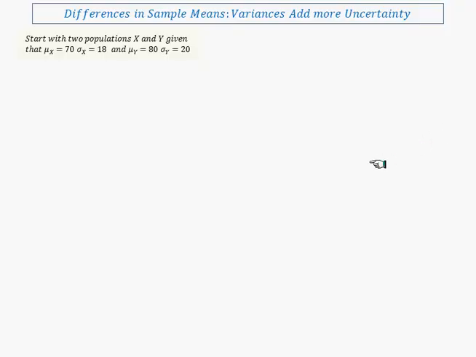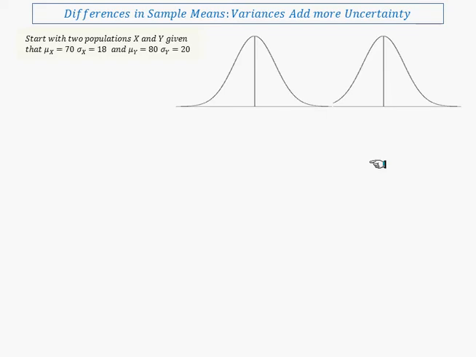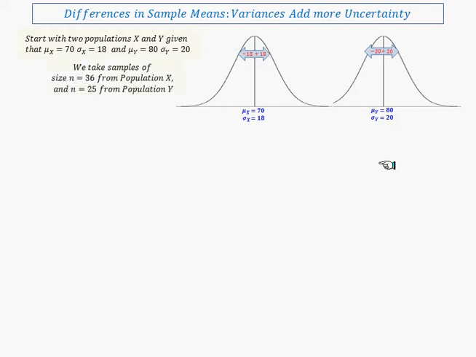To illustrate our theory, we're going to consider two populations X and Y with means 70 and 80 and standard deviations 18 and 20. We chose these numbers to make the computation easy and to illustrate the concepts involved.